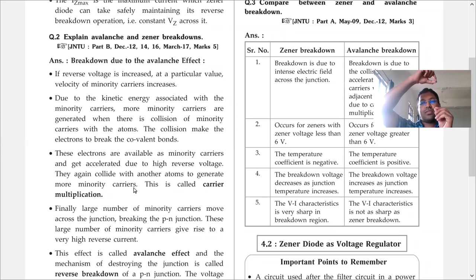Now suppose this mango and stone go and hit other mangoes, and more mangoes are released. In this example I spoke about stone and mango; here we have the minority charge carriers. So more charge carriers are generated. This is called carrier multiplication.